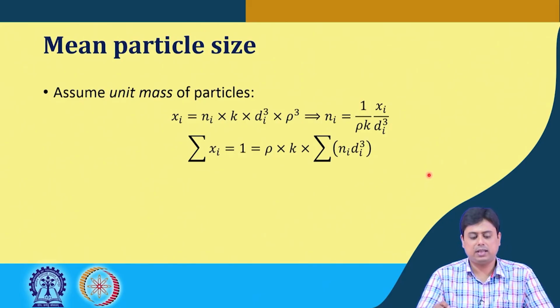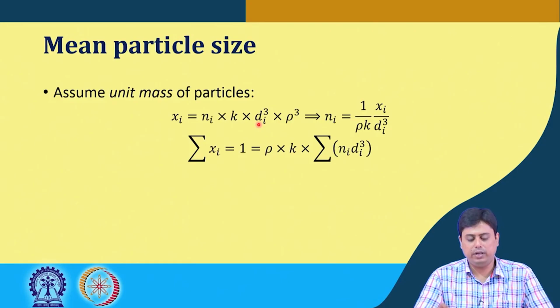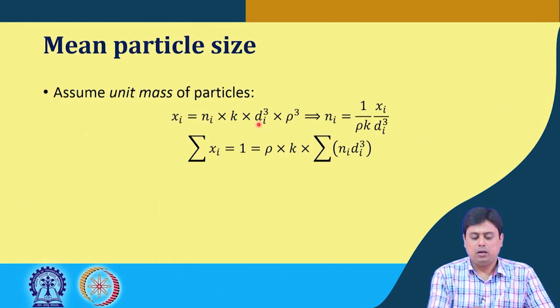Similarly, for the size 2 particle, it will be x2, n2 and an equivalent diameter of d2, and the summation of mass fractions is always equal to 1, which comes from this expression.